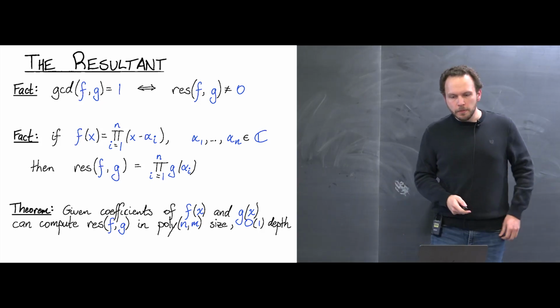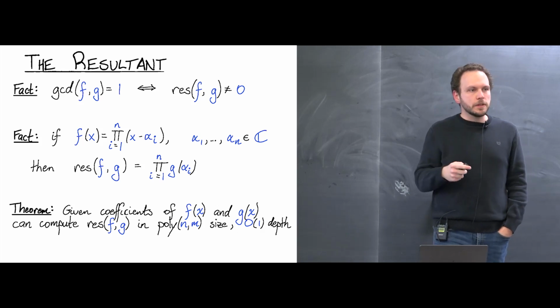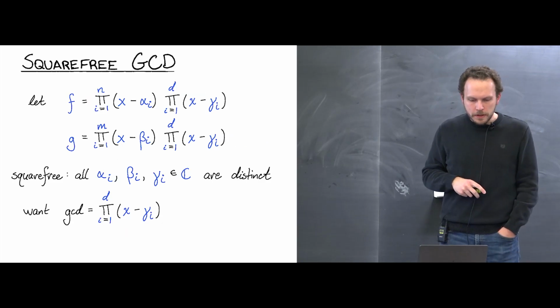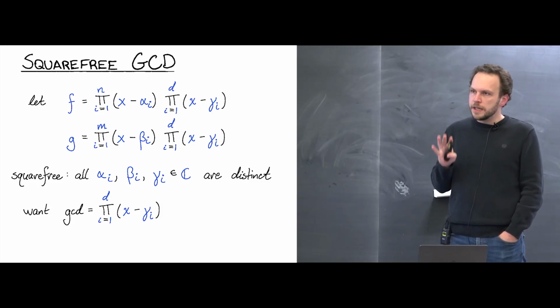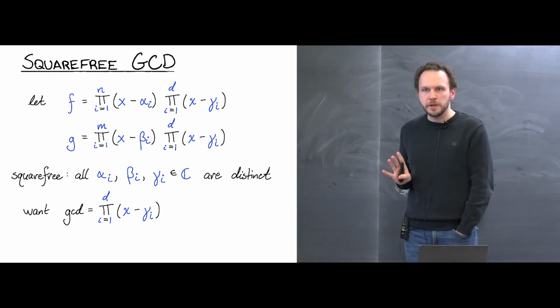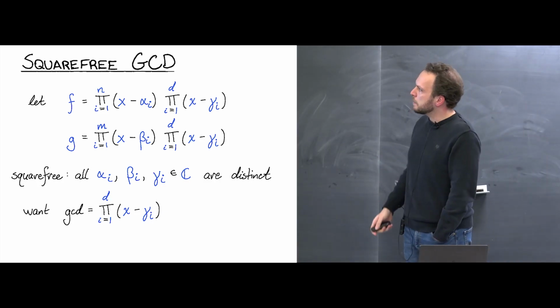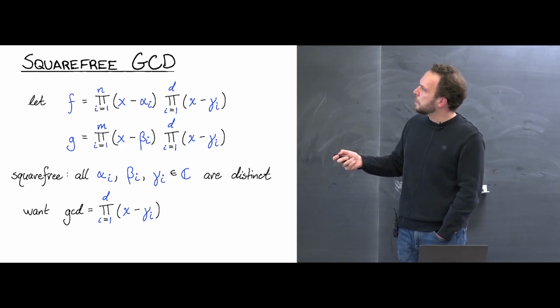Okay, so now I want to give you a bit of an idea of how you might actually make progress towards the GCD. First I want to start with a simplifying assumption. I want to compute the GCD in the case where the two inputs are square-free polynomials. So what do I mean by this? I have two inputs, f and g. f has some roots alpha 1 through alpha n and gamma 1 through gamma d. g has some roots beta 1 through beta m and gamma 1 through gamma d.